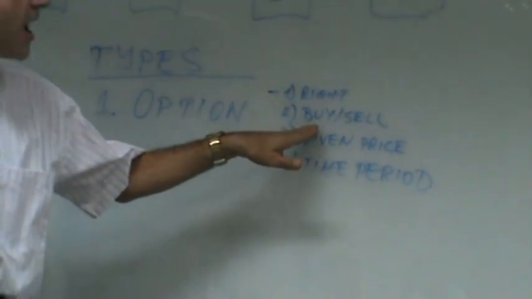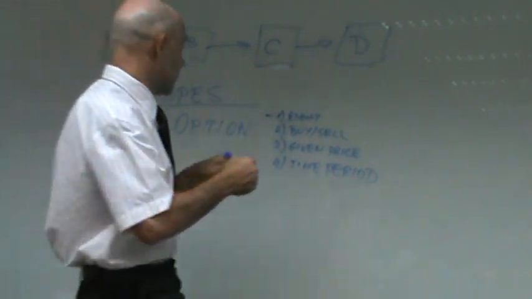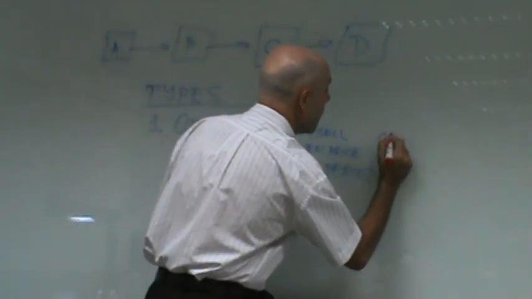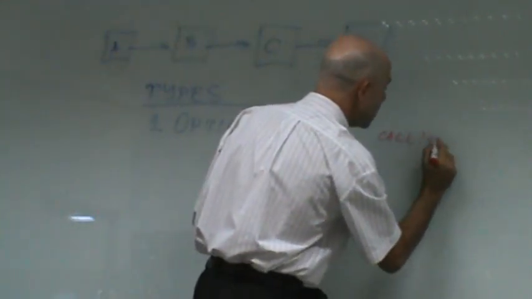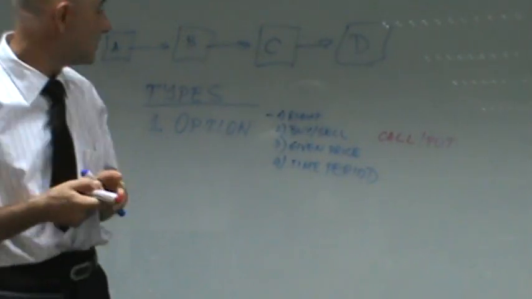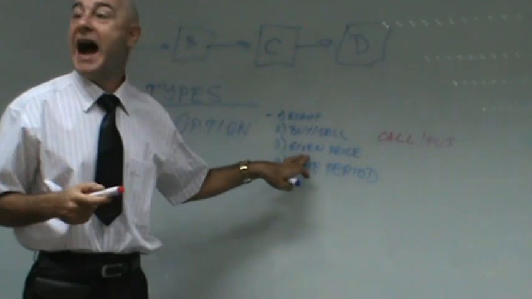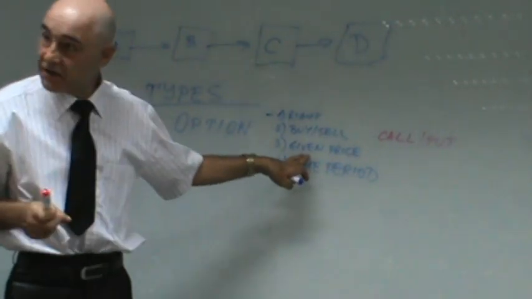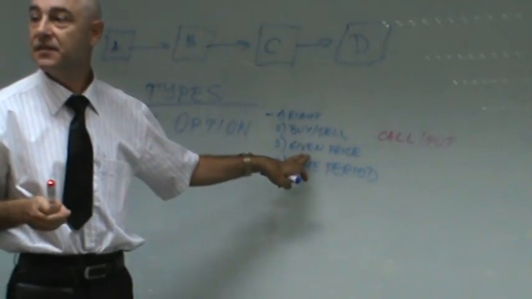How do we call the buy and how do we call the sell? The buy we call a call. And the sell we call a put. How do we call the given price?